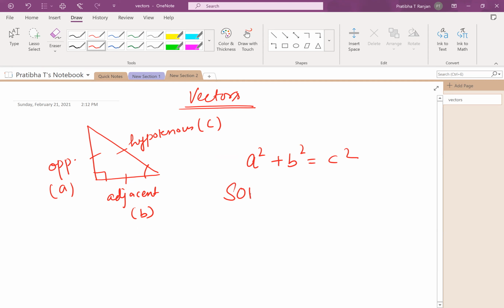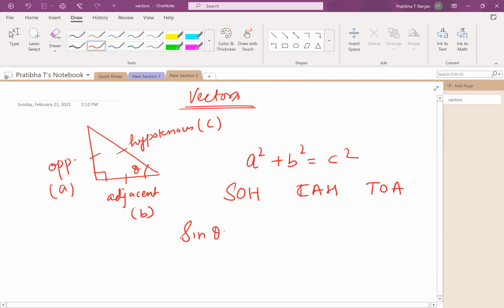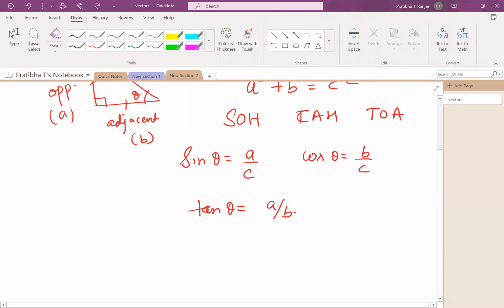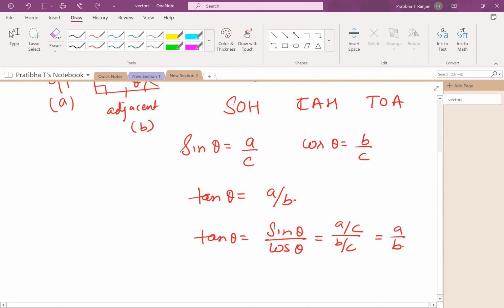And as per trigonometry, suppose this angle is theta, we can say sine theta equals a over c, cos theta equals b over c, and tan theta equals a by b, right? Or tan theta can be written as sine theta over cos theta, that is a by c over b by c, and ultimately it's a by b, right?